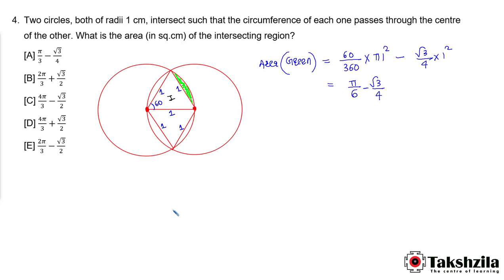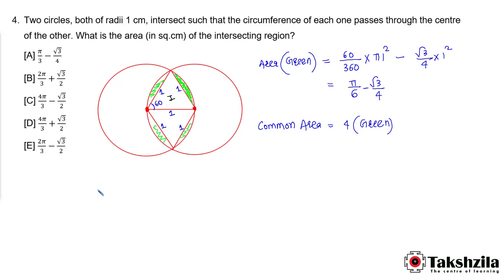So our final answer is going to be what? Let's have a look at it. The common area is going to be 4 times the area of the green region. There are 4 such green portions, and the area of each of those green portions, this one, then this one, then this one, and then this one, is going to be the same.